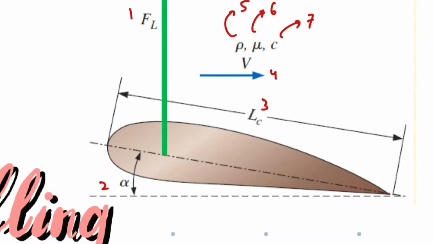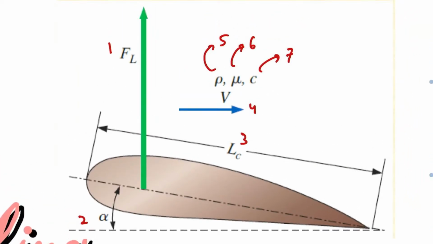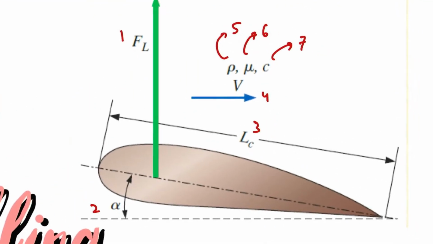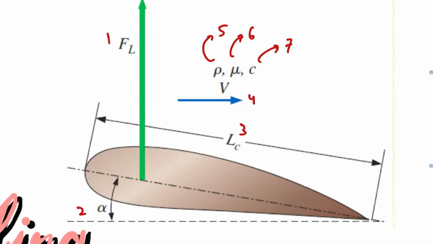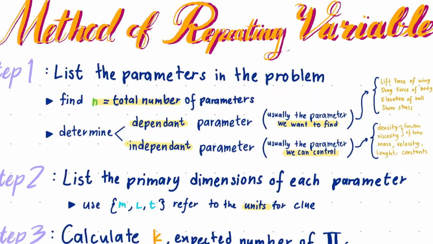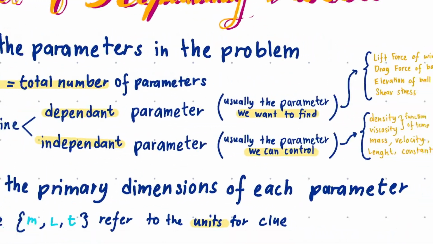From here you can identify which one is an independent and a dependent parameter. There are 7 parameters.